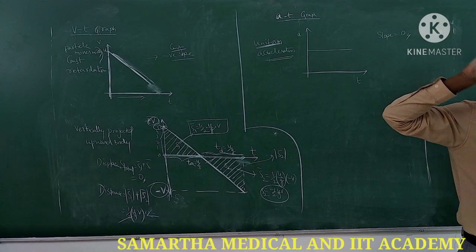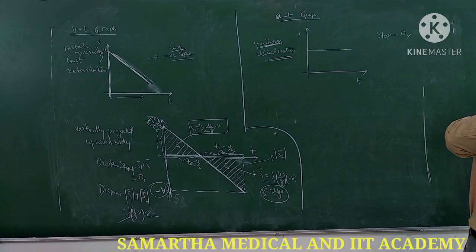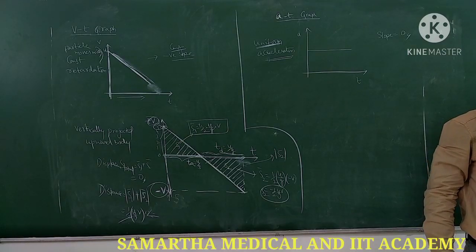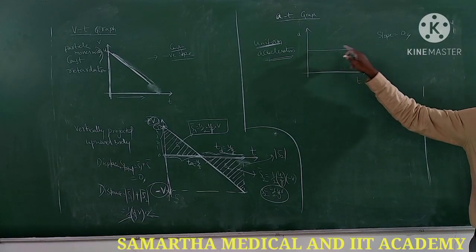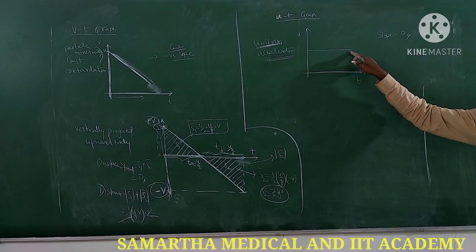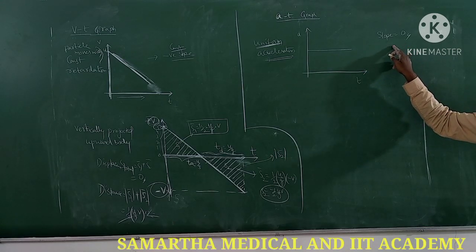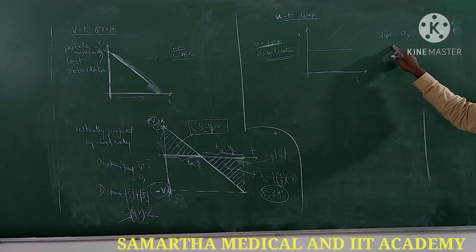So delta A by delta t is what? Rate of change of acceleration, that you can call jerk. But here acceleration is not changing. It is constant, change in acceleration is 0. So here jerk is 0.